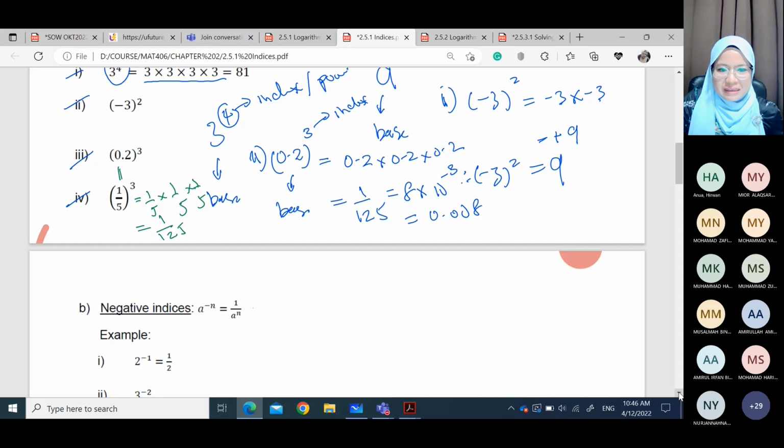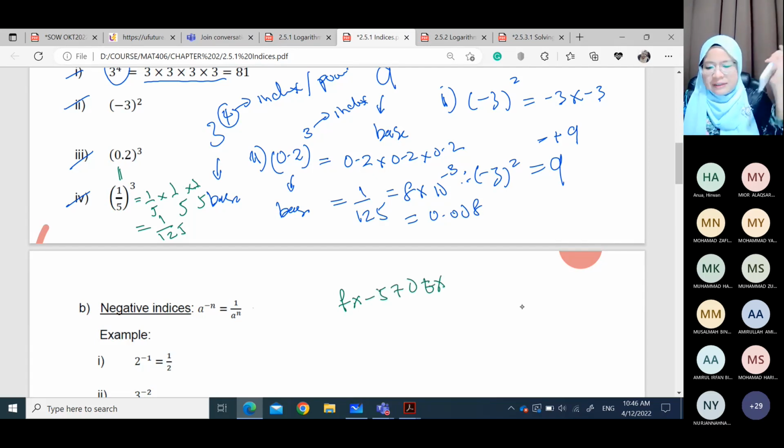Miss, saya nak tanya, kalkulator apa yang Miss pakai tu? Calculator yang saya guna scientific calculator. Dia punya jenis FX-570EX. Okey. Nak tanya nanti untuk test kena pakai kalkulator macam ni?